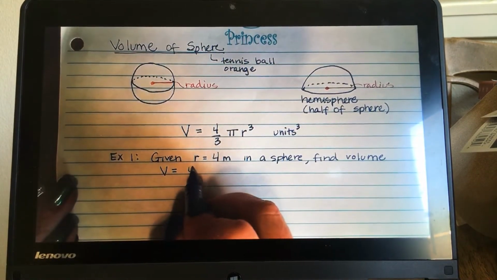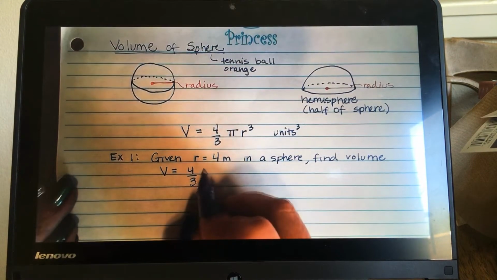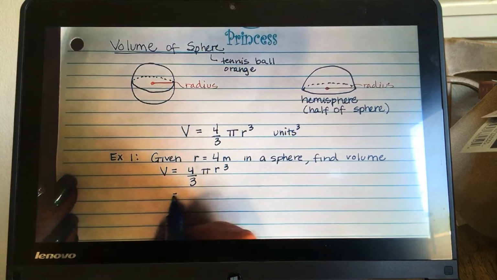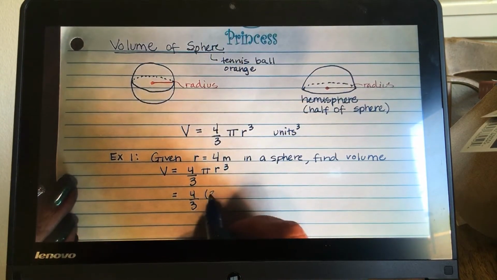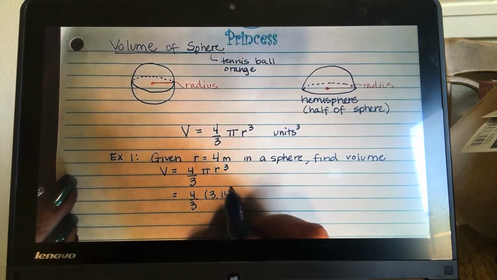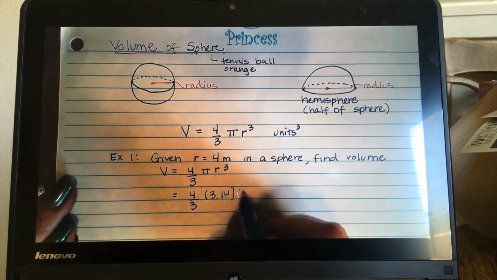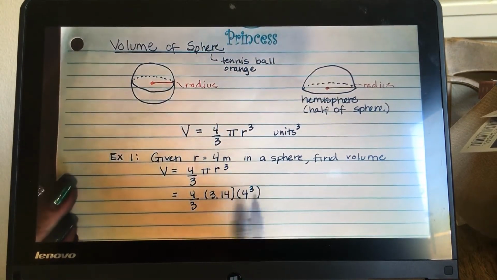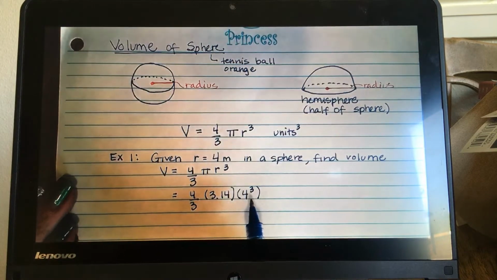So volume is equal to 4/3 pi r cubed, and we know that pi is 3.14, and we were told the radius is 4, so that's going to be 4 cubed.